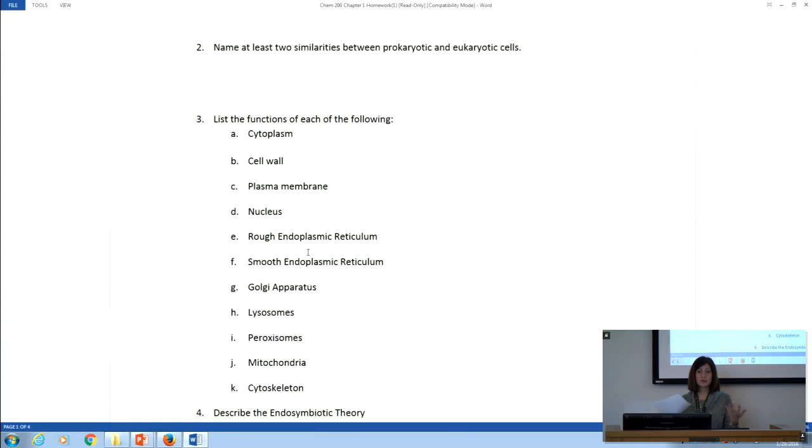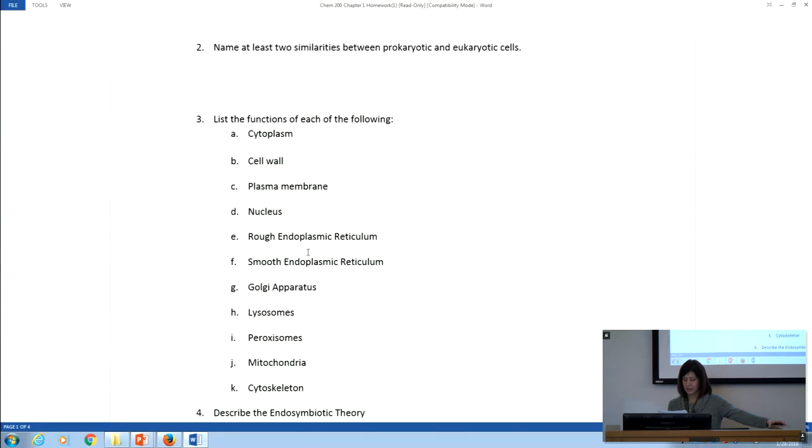So in order to excrete toxins, you have to transform them from non-polar into something that can be excreted. So that's what I mean with the smooth ER. It could mean more things than just that, but for the smooth ER, it will take hydrophobic things and make them hydrophilic in order to be excreted from the cell.